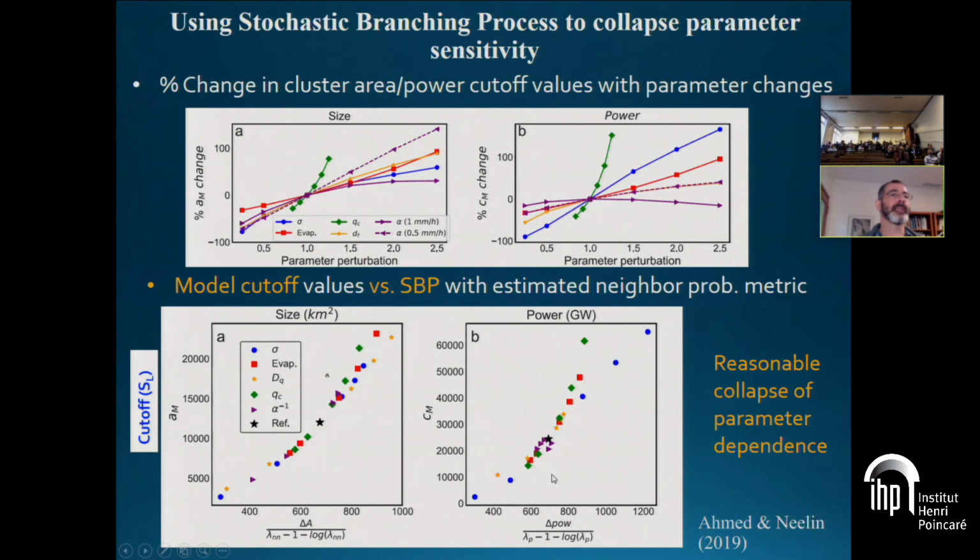If we instead display the x-axis as being this cutoff scale that we expect from the branching process, what we find is that to a reasonable extent, for both the area and the power, we collapse onto a single dependence for all the parameter perturbations. So what this says is that, yes, the cutoff scale is important. It depends on various aspects of the moist physics, but you can boil it down into what's the probability of generating new neighbors once you start convecting.